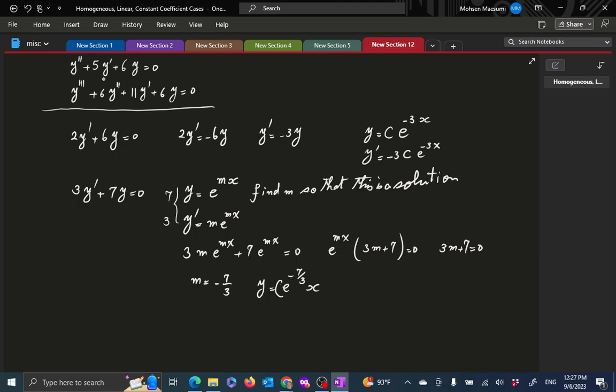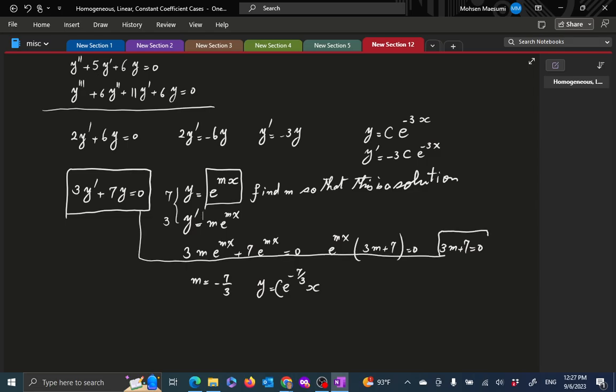Okay, now we can simplify this process. If I have this equation and I'm looking for solutions of this type, I can come directly to this equation. You see that it looks just like the original ODE.